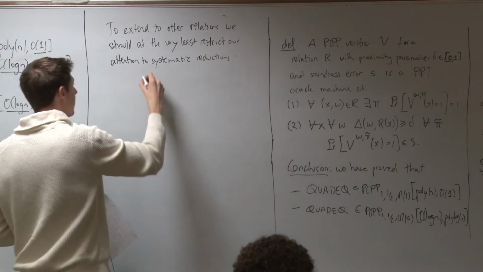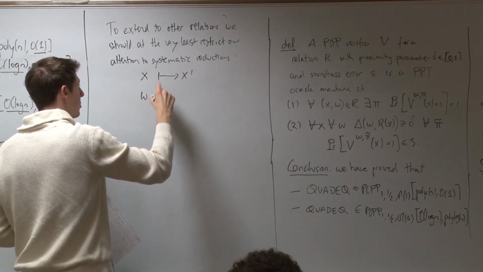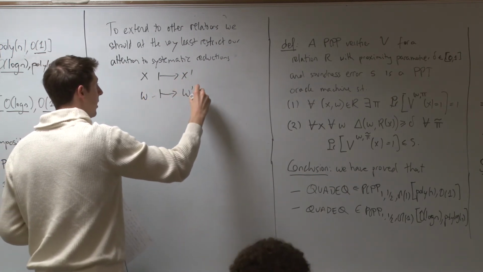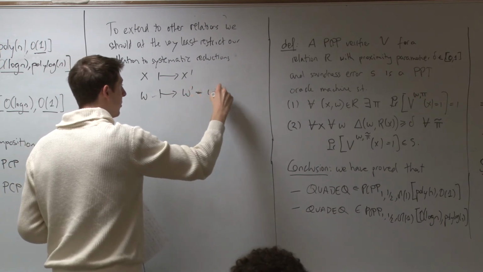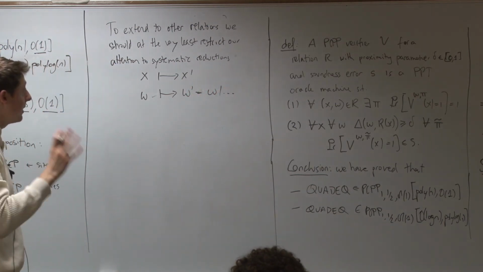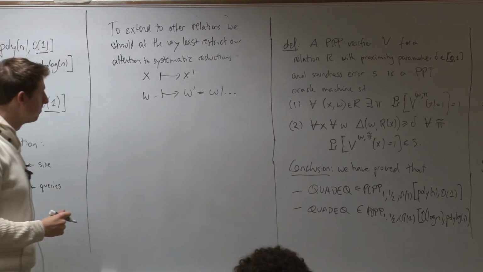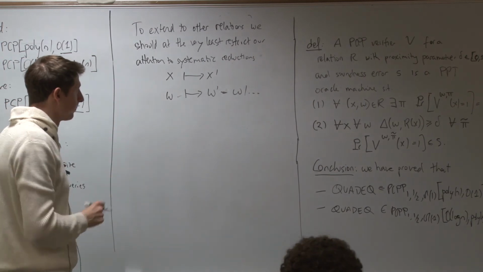These reductions are the ones that send x to x prime, and the corresponding w goes to w prime, which equals w and stuff. So at least syntactically you can talk about w being already there, but this is not enough.